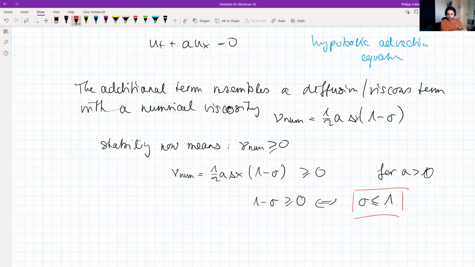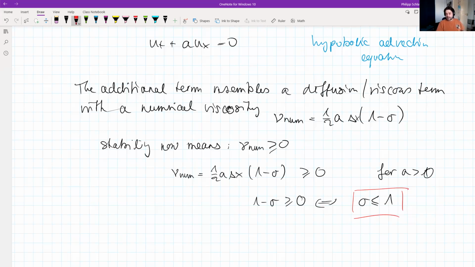There was a question here in the chat: is it a general fact that the discretization always increases the viscosity, or can this numerical dissipation also be a negative value? Yes, it can become a negative value if sigma is larger than 1. Then my numerical viscosity would be negative, but then I know that it's unstable, because the analytical solution to an advection diffusion equation with a negative viscosity will be unstable.